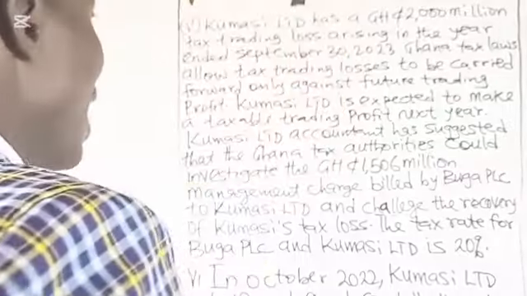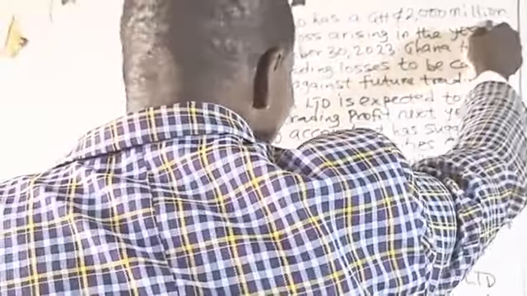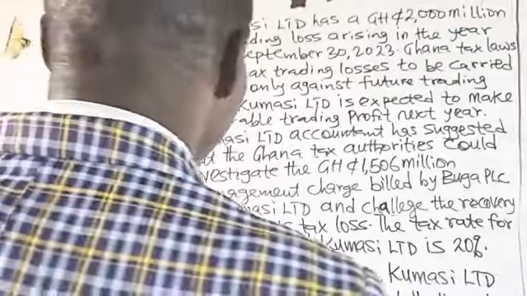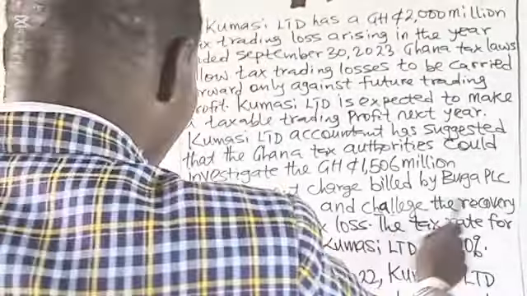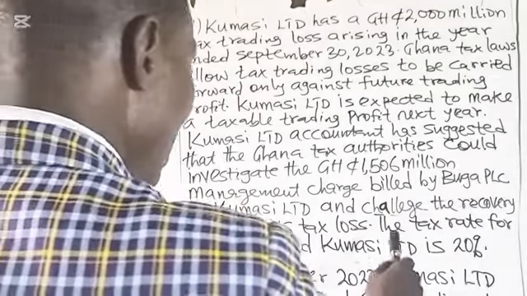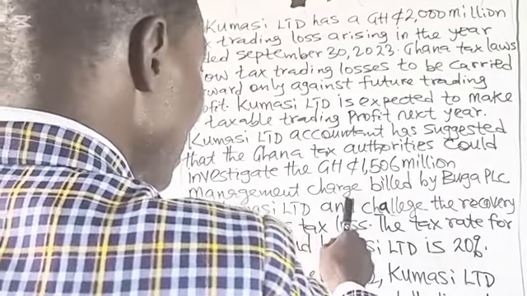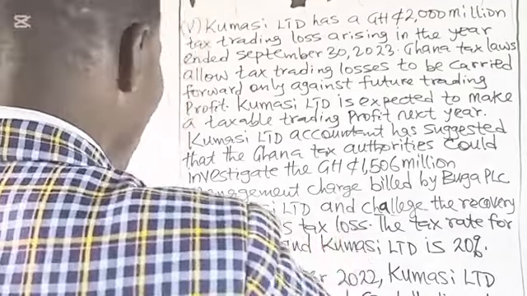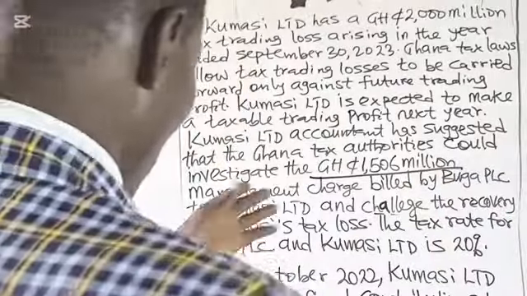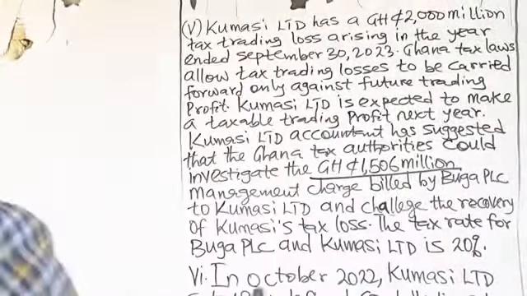You start with the net profit or loss as per accounts, which is 2 billion. Then you were told they will challenge the recovery of Kumasi's tax loss and the management charge. So the management charge of 1,506 million is not allowable since it will be questioned.